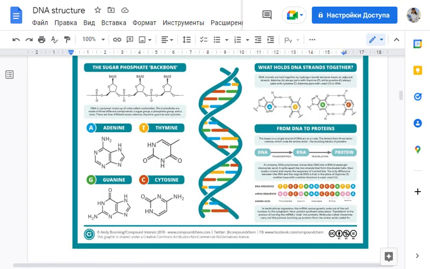Here we will take a closer look at our DNA, and this backbone of DNA actually contains nucleotides.